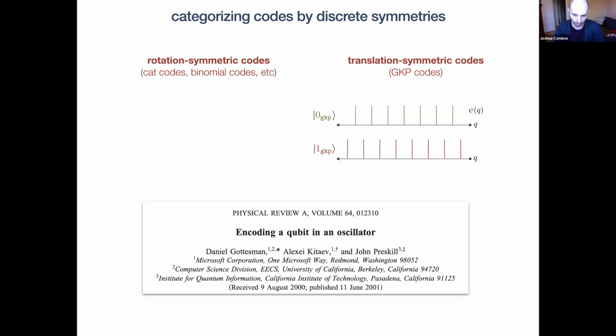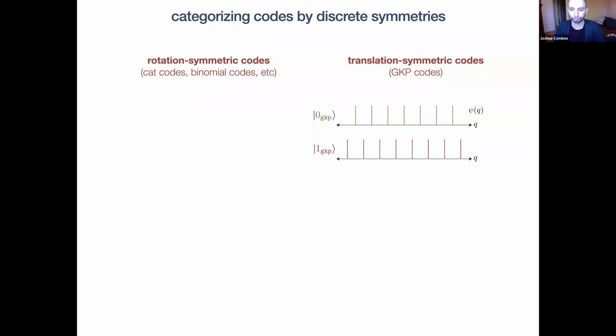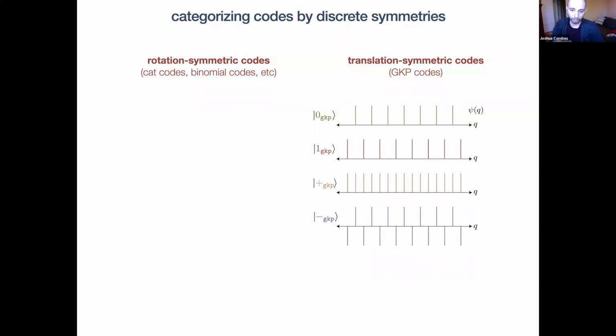Wow, it's almost 19 years ago. So the plus state, of course, is just the equal superposition of 0 and 1. And then the minus state is, of course, you get a minus sign on the 1. And the periodicity you can see here in the position eigenstate, in the plus and minus eigenstates, is doubled compared to the 0 and 1 code words.